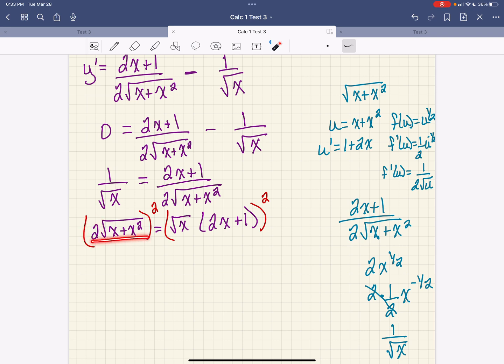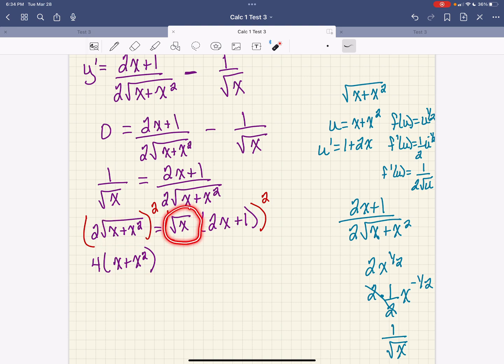So when I square this, I end up with 4 times x plus x squared. I squared this side, 2 squared is 4, and then when this is squared, I get what's inside. And the same thing is going to happen on the other side.